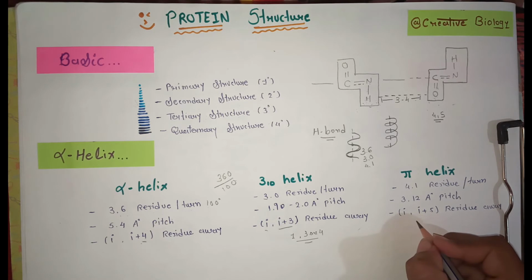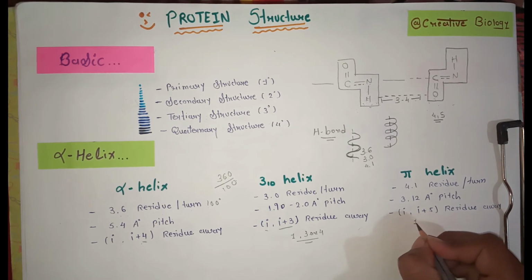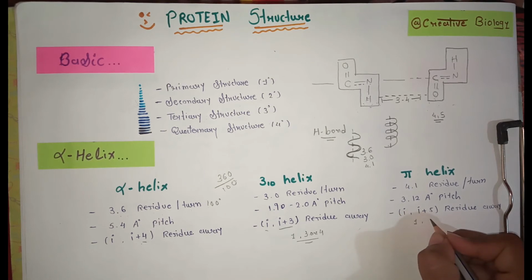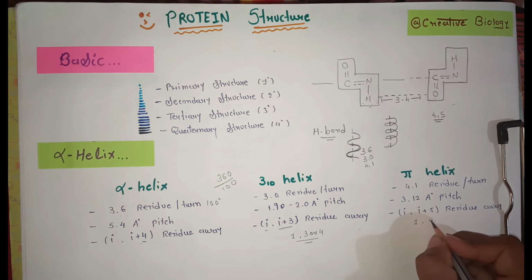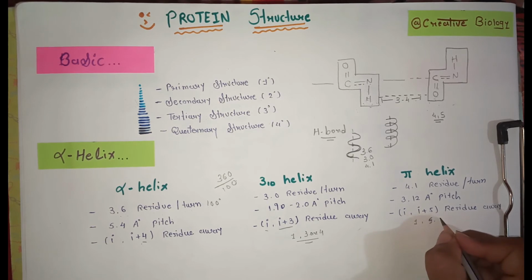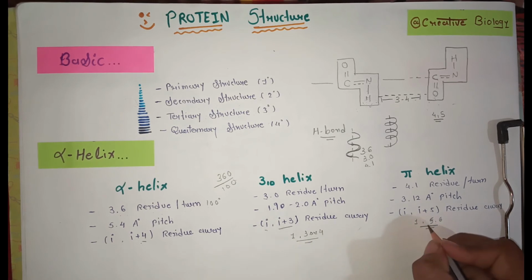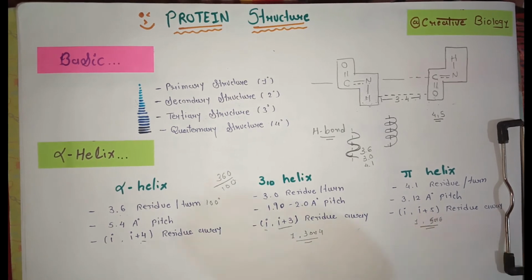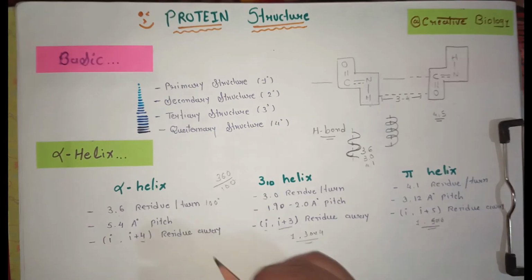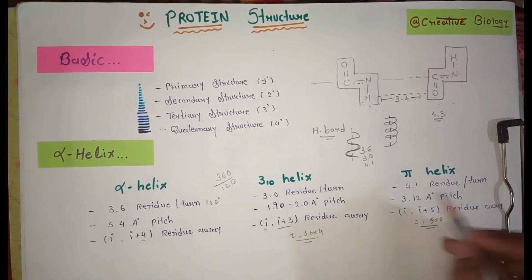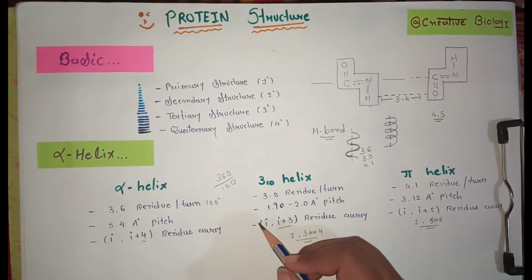In the pi helix, you find the hydrogen bond between your first amino acid and the 5th or 6th amino acid. So that's the main difference amongst these 3 helical structures.